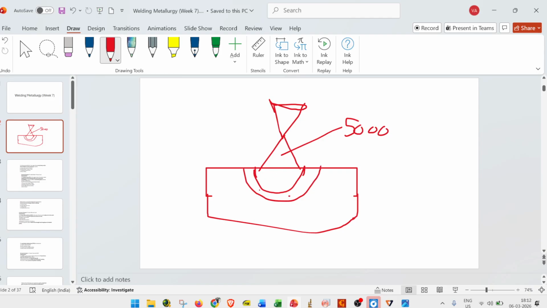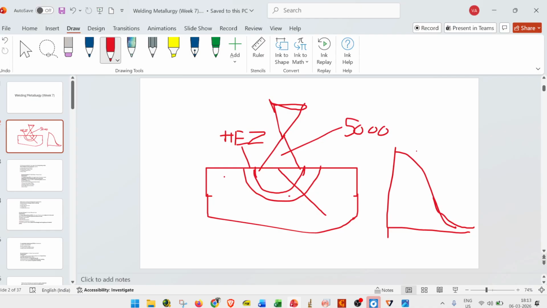Here is the molten metal and here is the HAZ, and here is the base material. If I draw one straight line from here to here and make a temperature plot along that line, measuring at this point, this point, this point, and so on, with zero at the starting point here, the temperature profile will look this way.